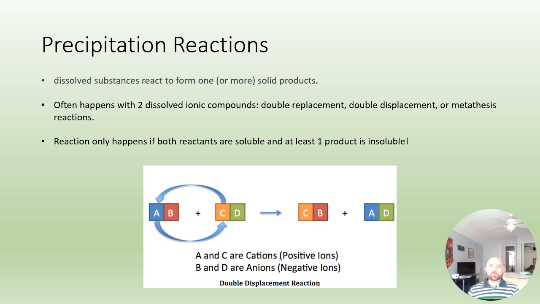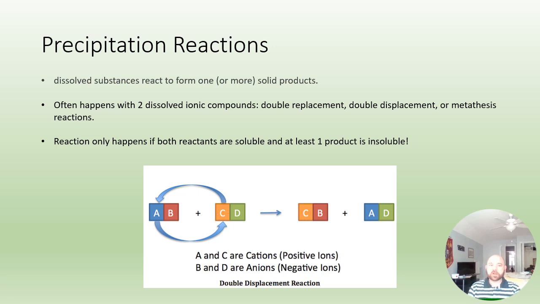It's important to note that this reaction only happens if both reactants are soluble. So you have to be able to dissolve them into water. And then one of the products formed by the rearrangement of the ions must be insoluble for this type of reaction to take place. You see a general scheme of what happens in a precipitation reaction below. We see two ionic compounds represented by AB and CD.